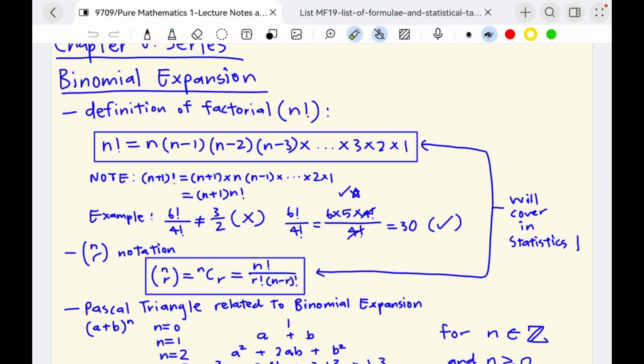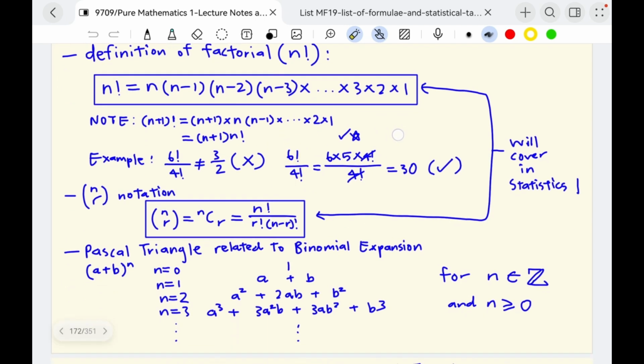As you can see, the 4 factorial term is in your numerator. It can be cancelled out with its denominator. 4 factorial cancelled by 4 factorial to get 6 times 5, which is 30. So this is the correct, proper and neat way to simplify the expressions with the factorial term.